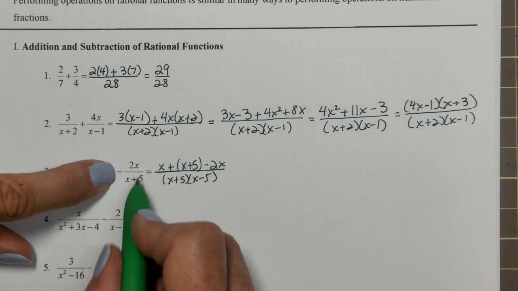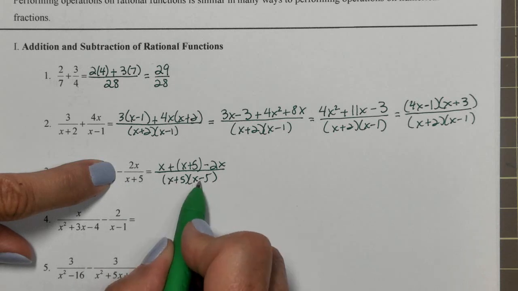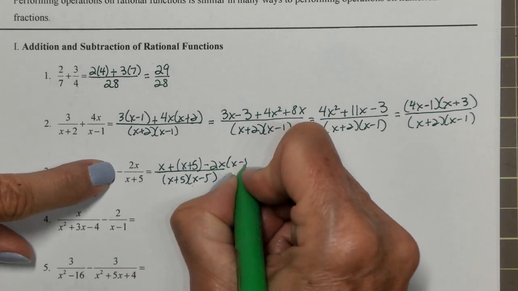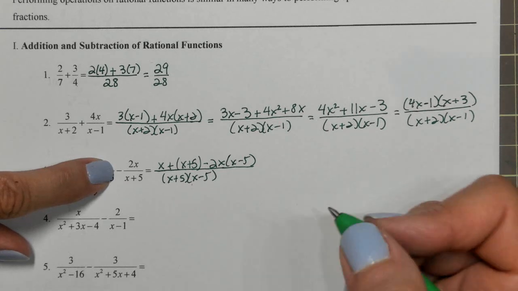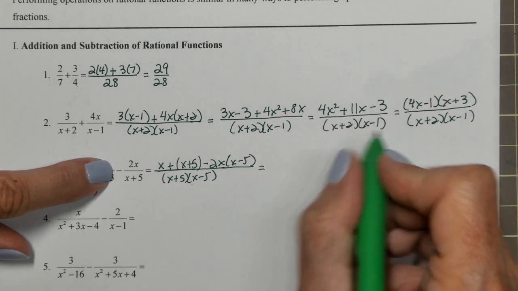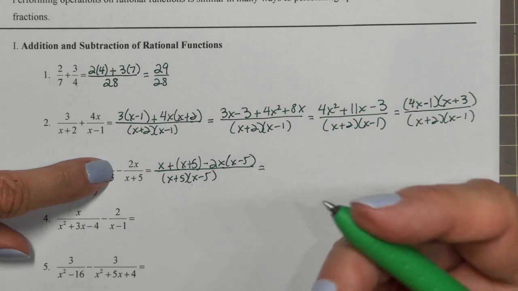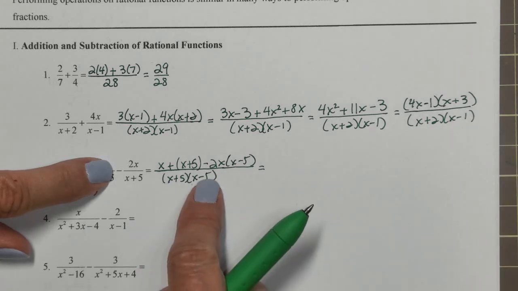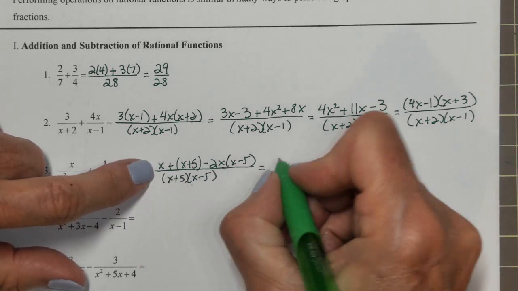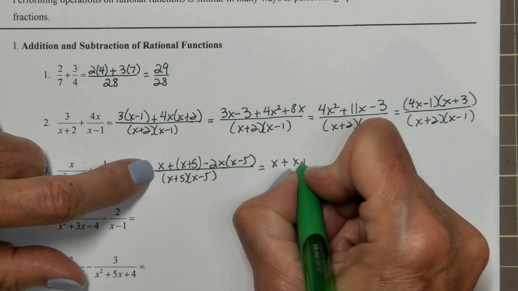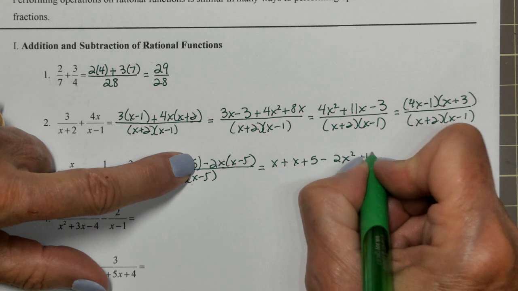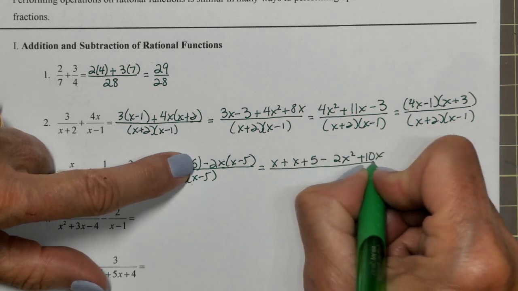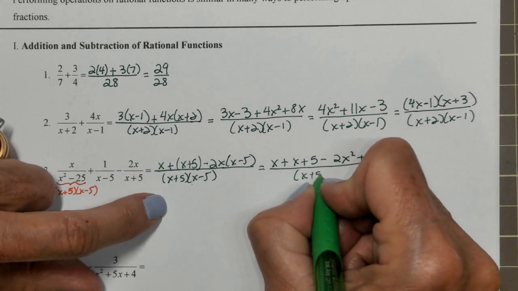What does the 2x need to be multiplied by? The 2x needs to be multiplied by an x minus 5. Just like before, I'm going to simplify this because I need to see, can it be factored into an x plus 5 or an x minus 5. Here I'm going to have x plus 5 minus 2x squared plus 10x, divided by the same denominator.